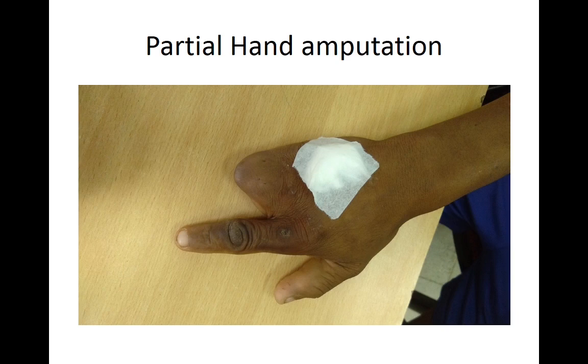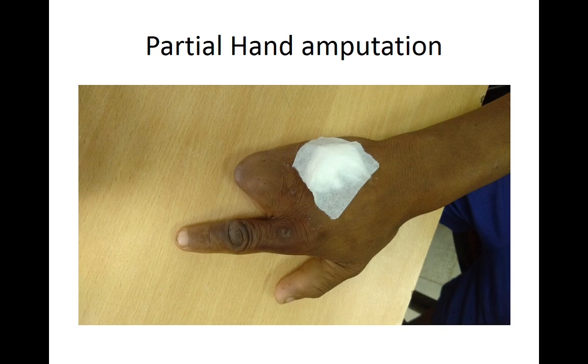But the other fingers are all gone. In this case, we have to do a cosmetic restoration, which means a partial finger prosthesis or cosmetic prosthesis. I'll be showing you the gloves in the later slides. But this is one of the amputations known as a partial hand amputation.